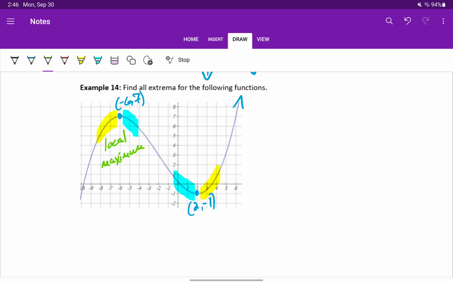The function does take on larger values in other locations, but in this small region, that's the highest point that we hit. Similarly, for (2, -1), our function does continue down on the left-hand side, so this is not an absolute minimum, but it is a local minimum.